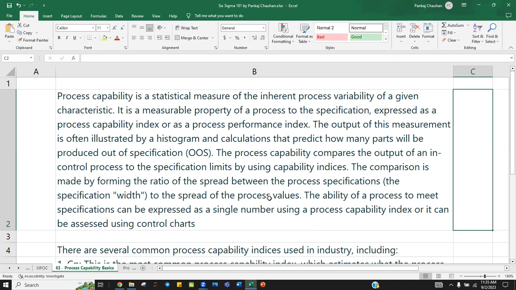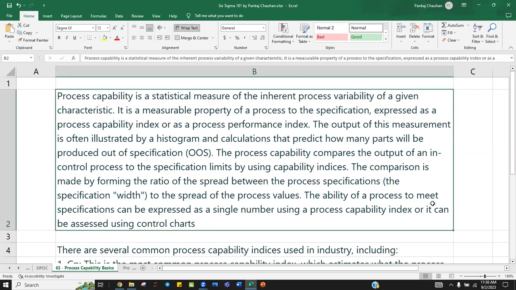So how much variation can your process tolerate? Basically the LSL and USL difference divided by the actual variation you have, which is the standard deviation, will give you the capability value. So the ability of a process to meet the specification can be expressed as a single number using the capability index, or it can be assessed using control charts.